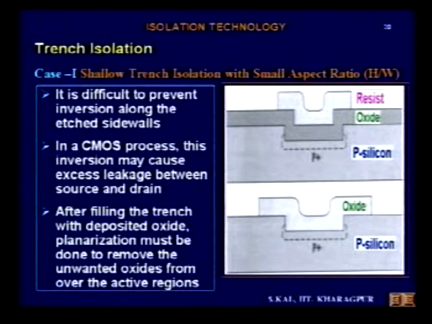Next I will discuss case 2, which is known as deep trench isolation with large aspect ratio. Large aspect ratio means height is large and width is small. Clear?